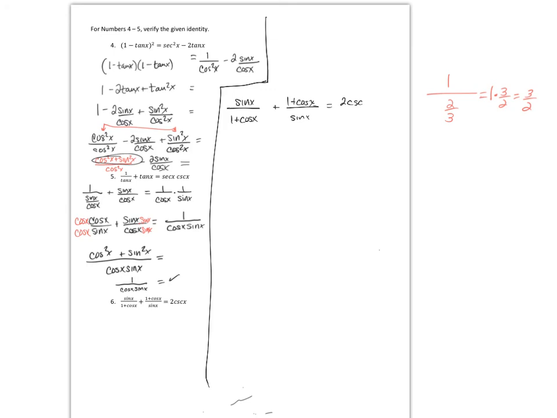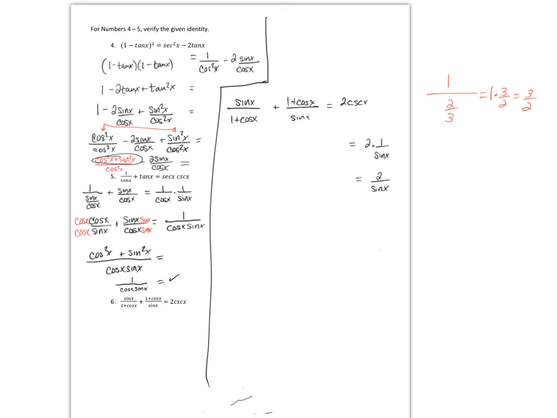So I think the first thing I want to do is take a look at this right side and say 2 cosecant, knowing that that's not a sine or a cosine. Let's convert that guy. So we're going to call him 2 times 1 over sine, which we'll just call 2 over sine.